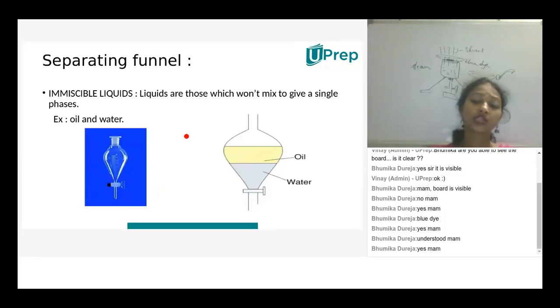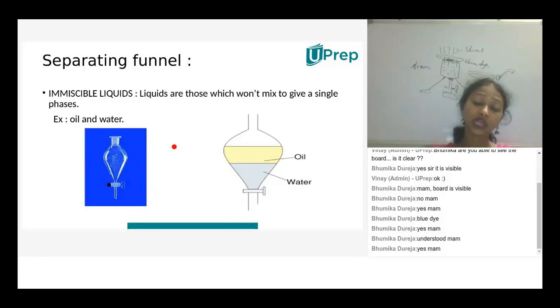Okay. So next one is the separating funnel. This is one of the separation techniques. The name of the separation technique is mainly based upon the apparatus which we use. Here we separate immiscible liquids. What are immiscible liquids?